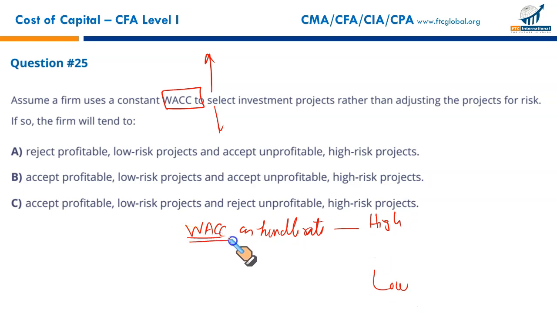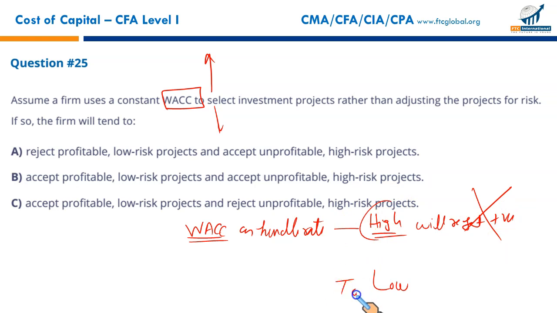If it is too high, it will reject many profitable projects. If you have kept WACC too high, some good, profitable projects might be rejected since you have a higher hurdle rate.